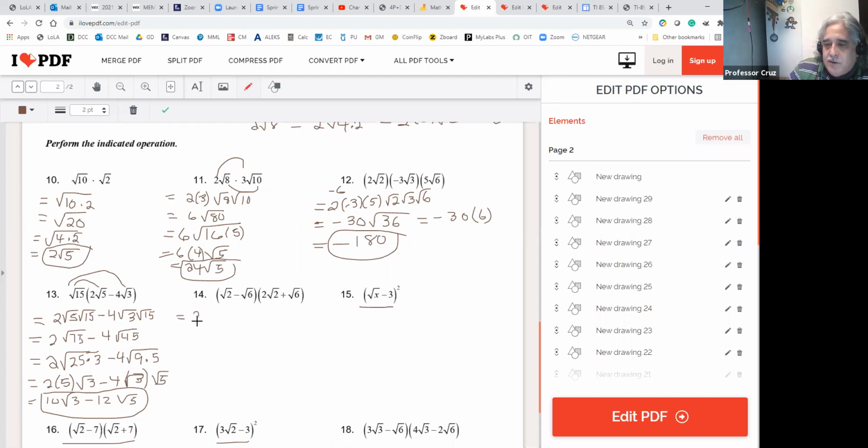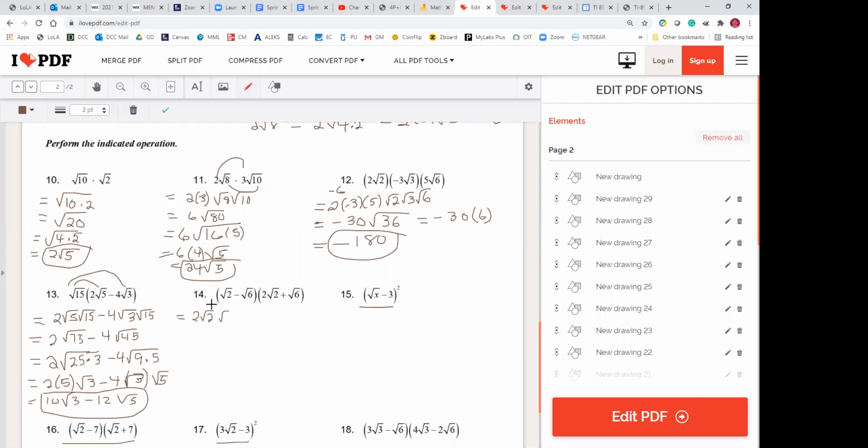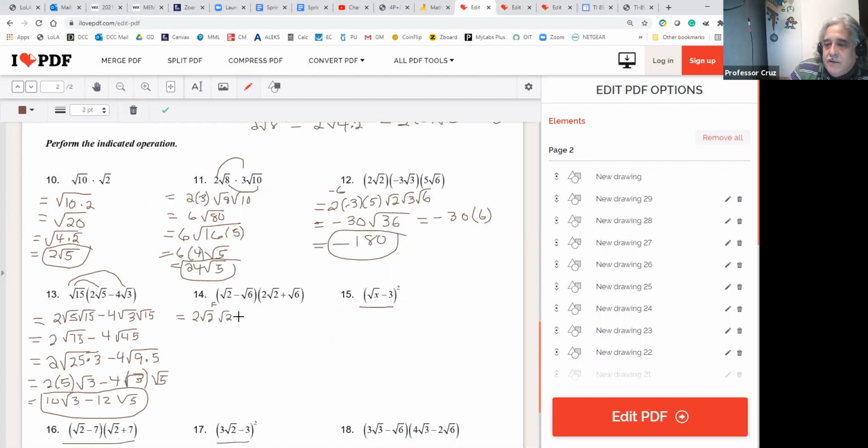So this is 2 square roots of 2 times square root of 2. That's your first. Outside is positive times positive. Positive times negative is negative.